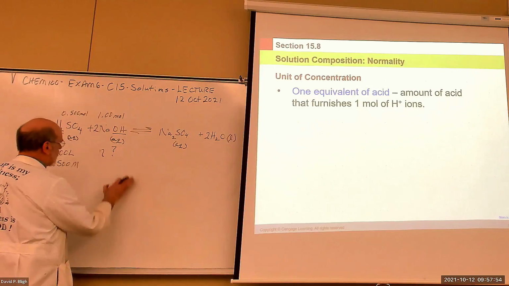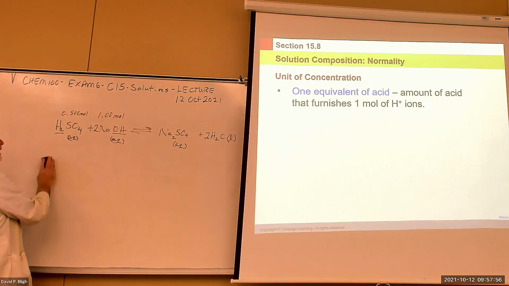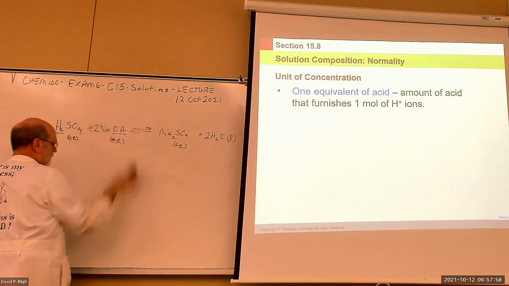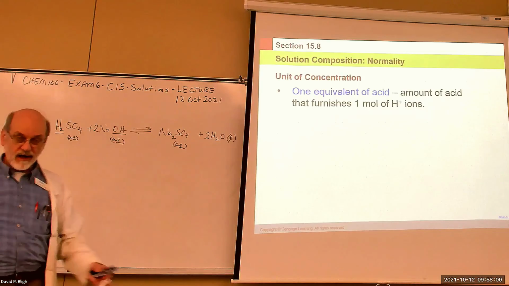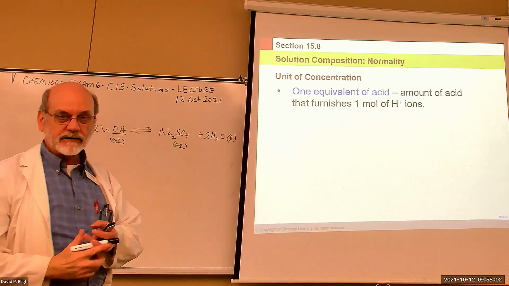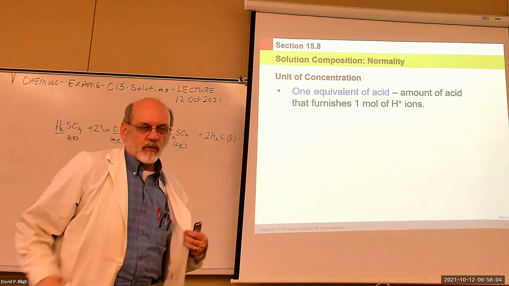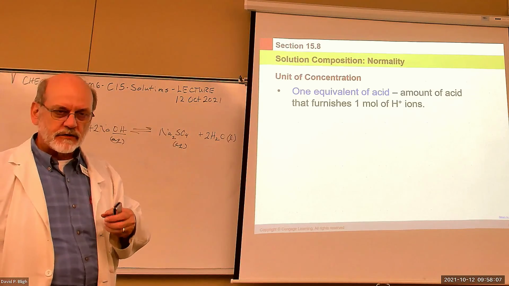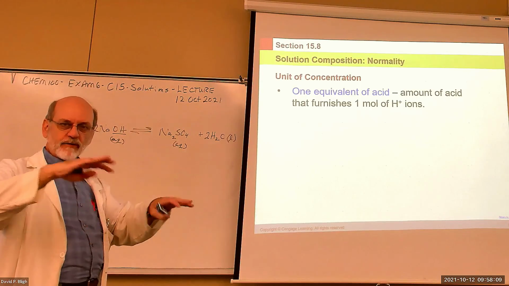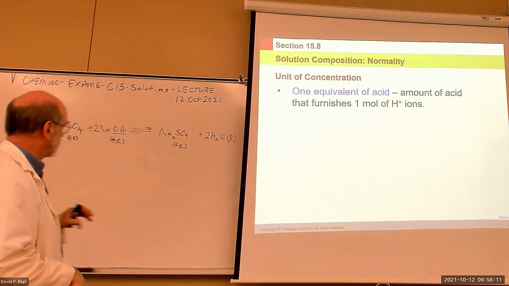Okay. For people that work with acids and bases a lot, day in and day out, they find it more useful to try to level the playing field, so to speak.